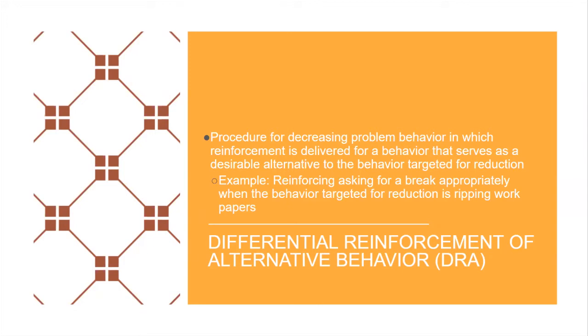So instead of being reinforced for ripping work papers and getting out of doing that work, we're going to target the child asking appropriately for a break instead, and reinforce that instead of ripping paper. So what we're doing is reinforcing an alternative behavior that is more appropriate than the target behavior.